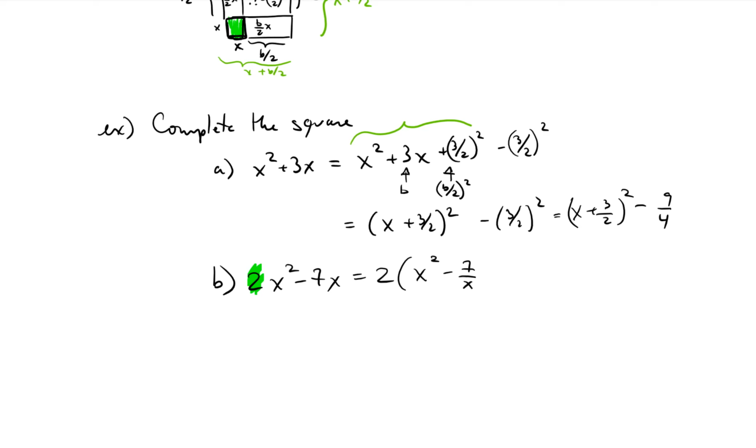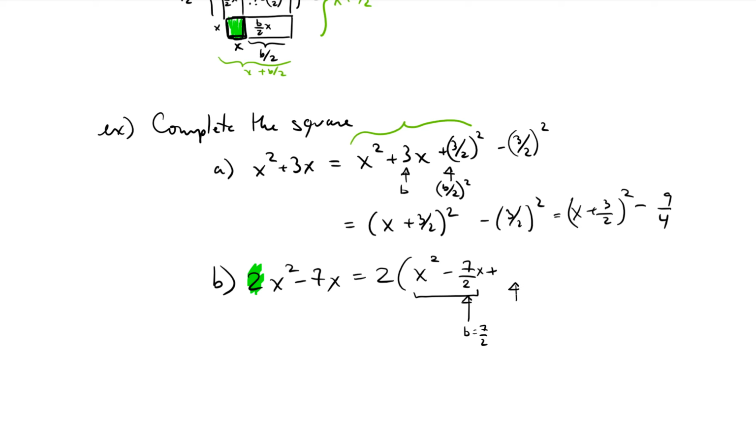Okay. So what we're going to do is complete the square of these two expressions. Okay. So now our b is minus 7 over 2, but let's worry about that afterwards. So b is 7 over 2 times x, sorry, so b is 7 over 2.